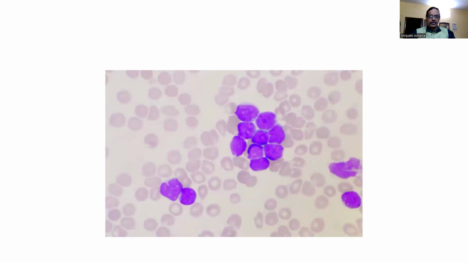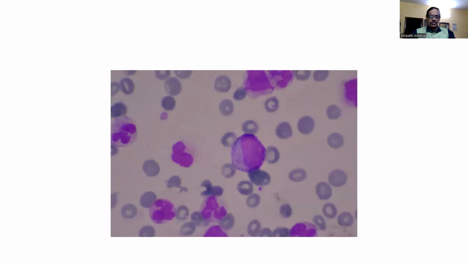Complete hemogram also we can do so that we can have differential diagnosis along with bone marrow biopsy.